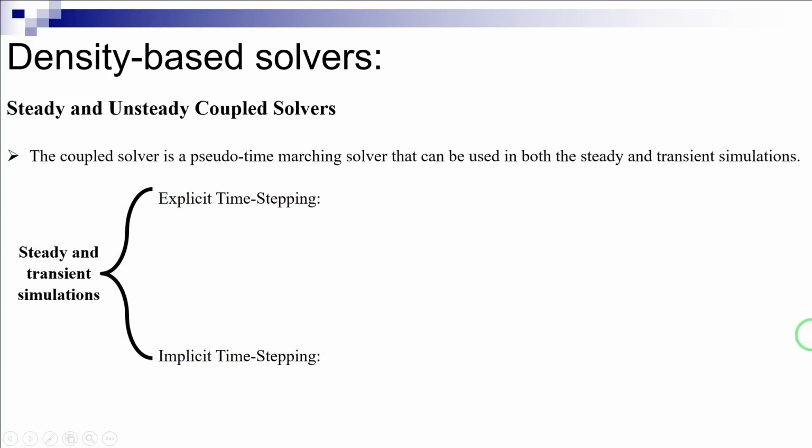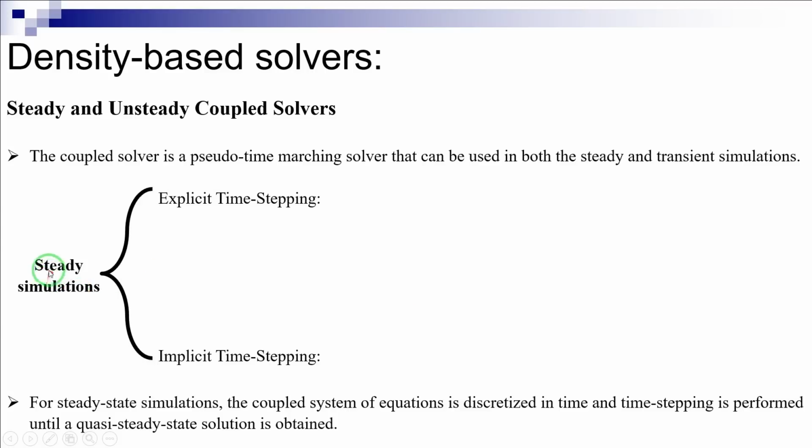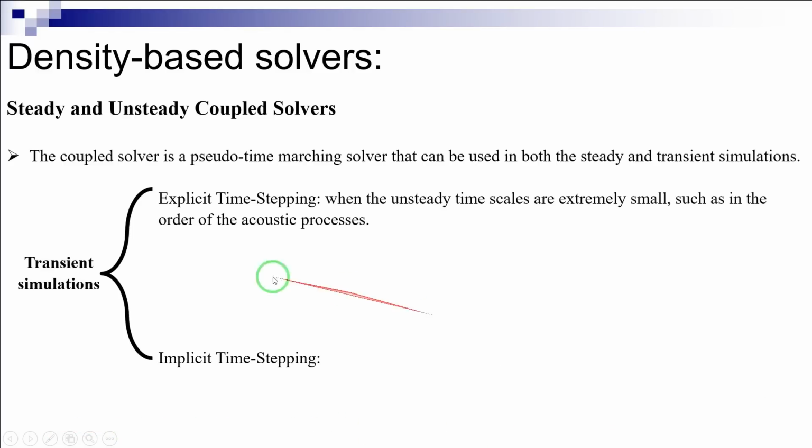For steady state simulations, the coupled system of equations is discretized in time, and time stepping is performed until a quasi-steady state solution is obtained. For transient simulations, the explicit time stepping scheme is used when the unsteady time scales are extremely small, such as on the order of the acoustic processes. Other than that, you can use implicit time stepping for transient simulations.